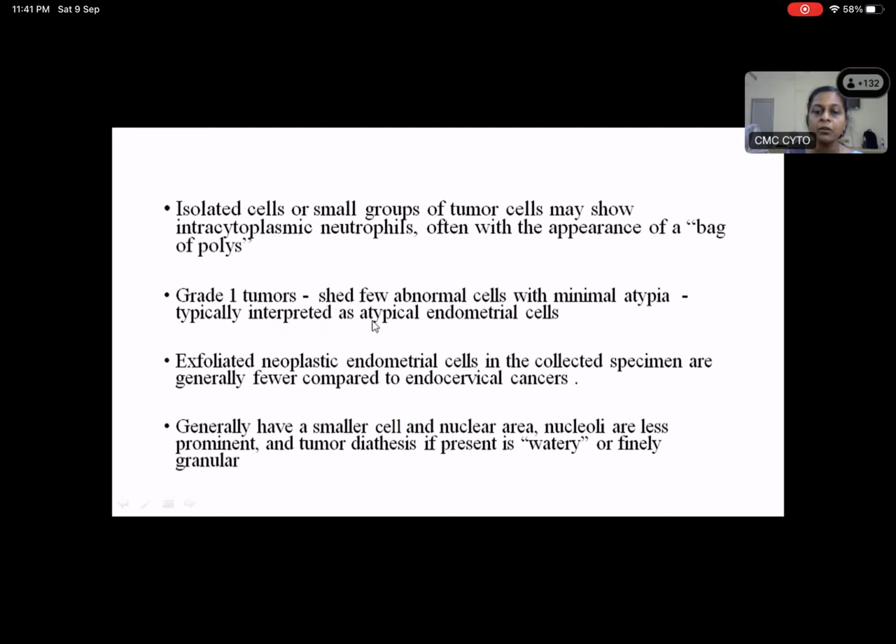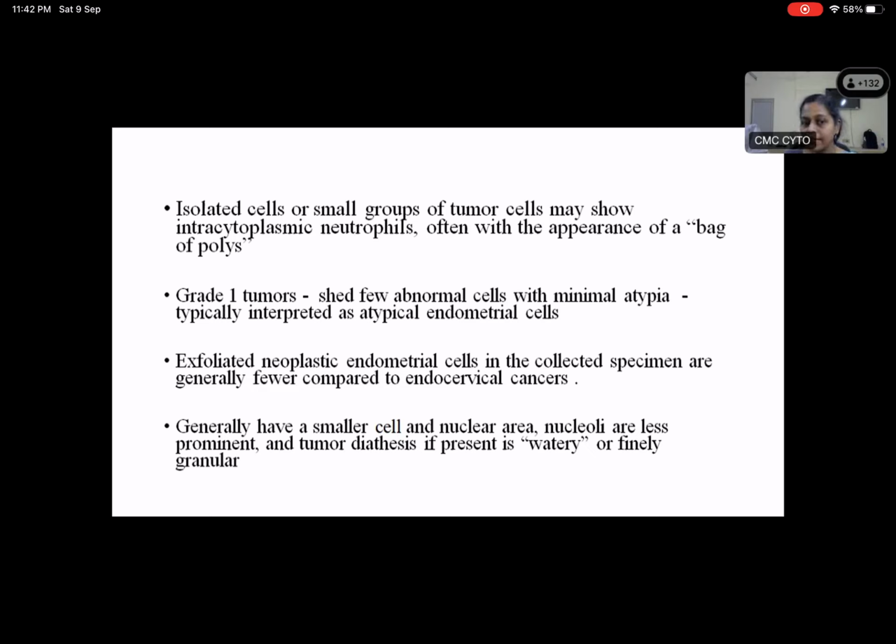Grade 1 tumors just look like abnormal shed cells with minimal atypia. They get interpreted as atypical endometrial cells. Now you need to remember that in endocervical tumors we will often see lots and lots of atypical cells because you're directly sampling the cervix. Whereas endometrial atypical cells often will be very few here and there because they are exfoliated from the endometrium.